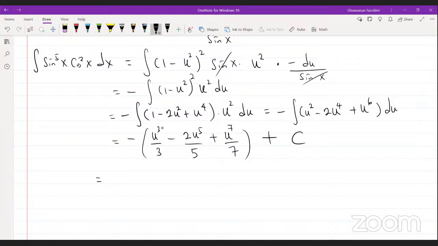So this is going to be equal to negative 1/3 cosine cubed of x, plus 2 over 5, now why do I have a plus? Remember, you have a negative up front, so just multiply them.